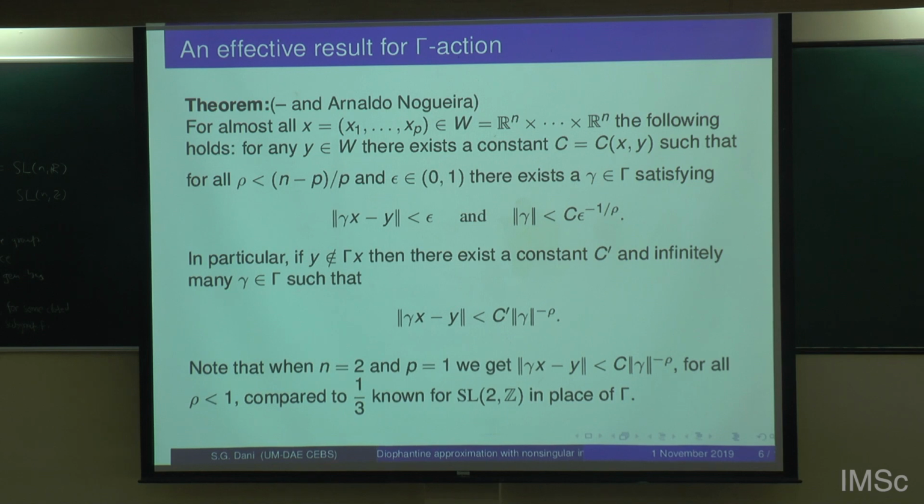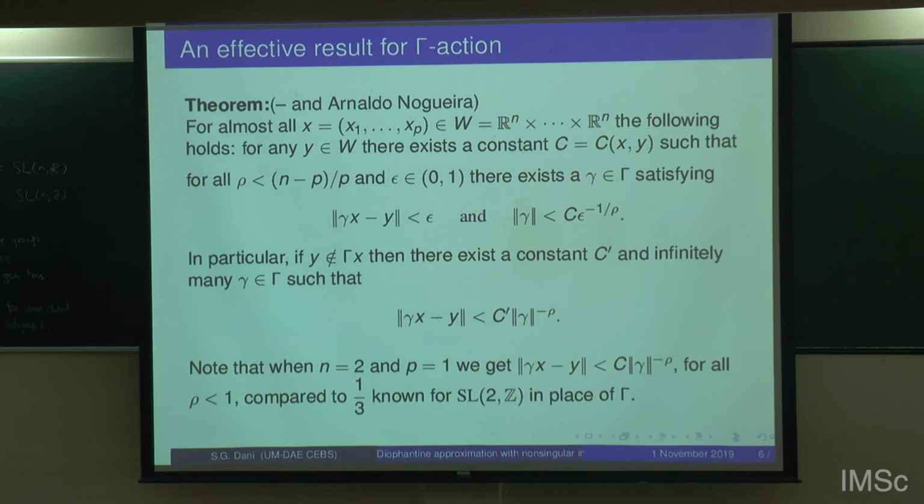But if we are willing to forego the condition and look at the action of gamma that I defined on the semigroup of all n cross n non-singular matrices with integer entries, then we are able to answer the question of effectiveness in a fairly complete manner, in some ways that I'm going to talk about.